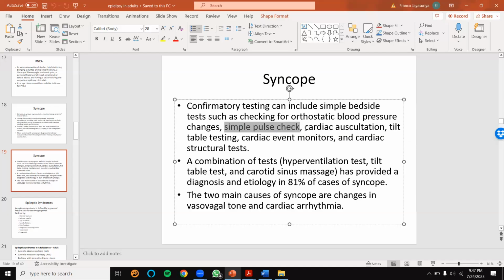BP also, you anyway have to check blood pressure in all patients. If you can't do the postural blood pressure, it's fine. But pulse check is mandatory, especially stressing whether it's regular or not and so on. Cardiac auscultation is also important in the epilepsy case because cardiac arrhythmias can result in syncope.